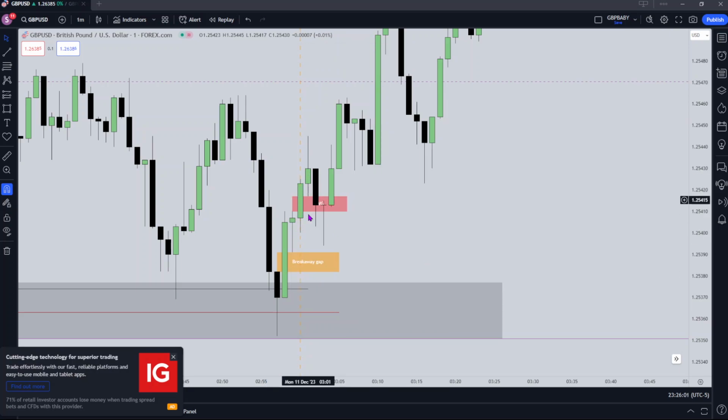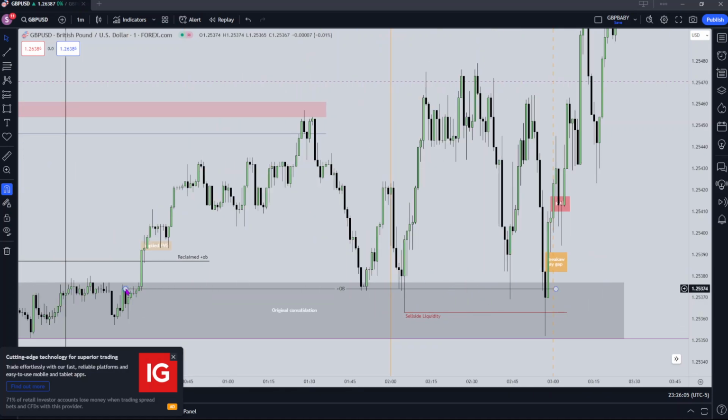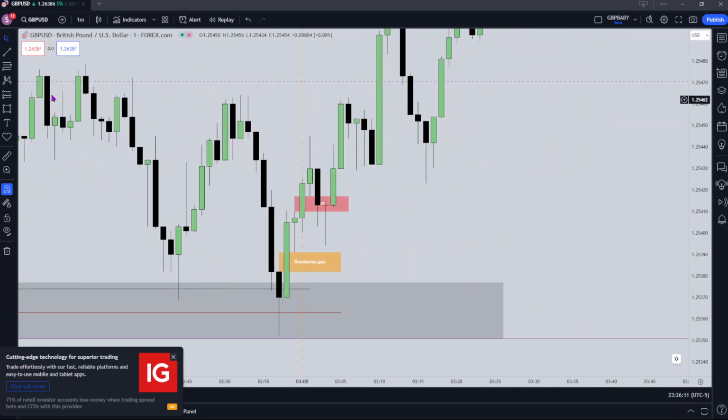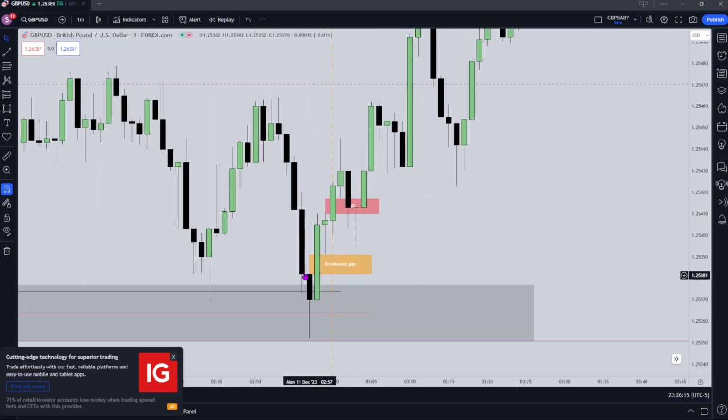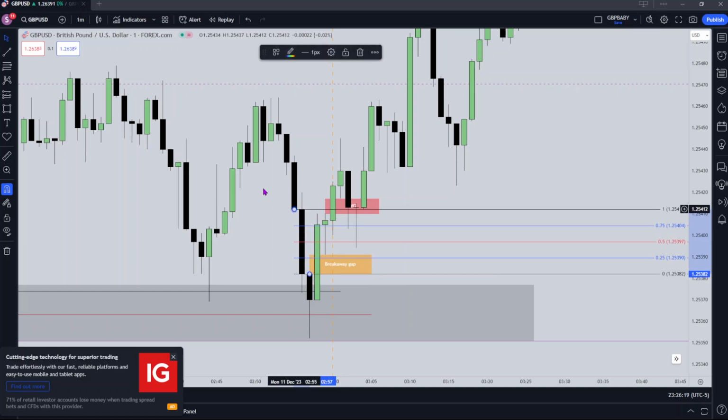Why? It's after the 3 a.m. We've traded back into the original consolidation. Volume is respecting the bullish order block, we've had a large expansion away at 3 a.m. So there's lots of things coming into play here.